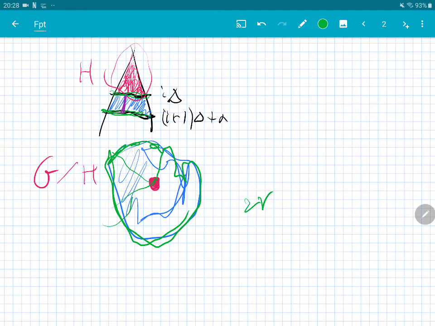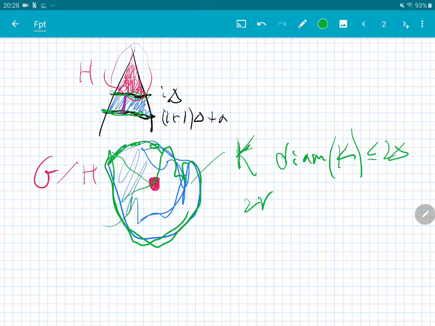So this bizarro planar graph, let's call it K, has diameter at most 2 delta.